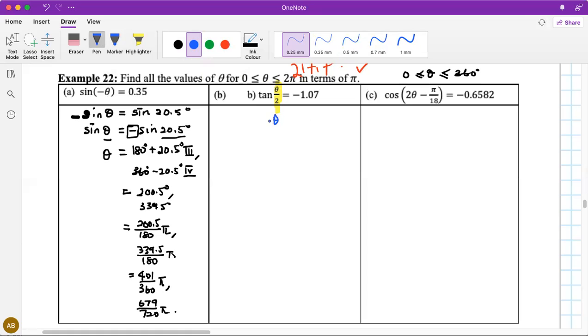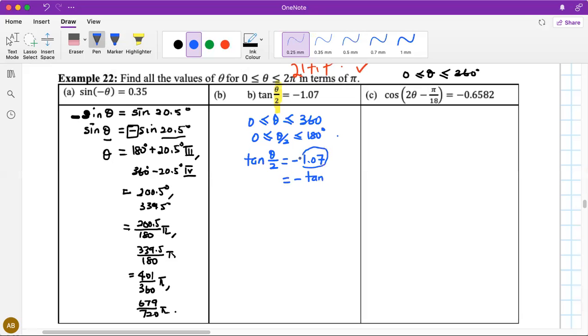Because theta is between 0 and 360, theta over 2 is between 0 and 180. So tangent theta over 2 equals negative 1.07, which is the same as negative tangent.